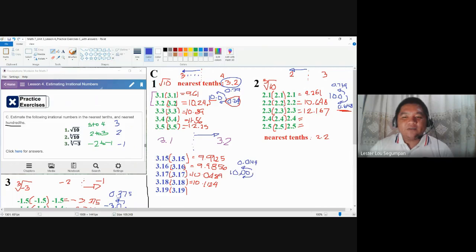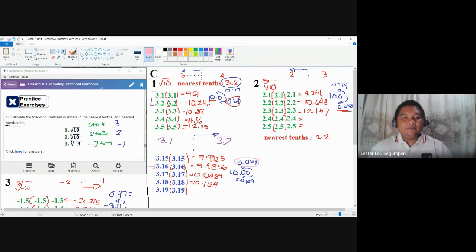And next, from 10.00 to the next, you need 0.0489. So simply pick the smaller value, which is 0.0144, then 0.0489. In short, the value is closer to this area here.